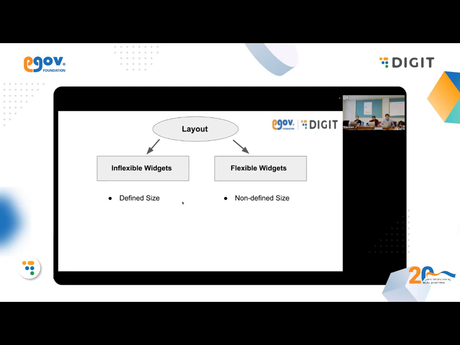For example, let us take a text box, which is an inflexible widget, for which you need to define a specified size. If you define a larger size, then it automatically overflows.